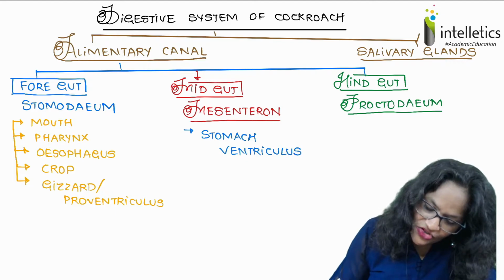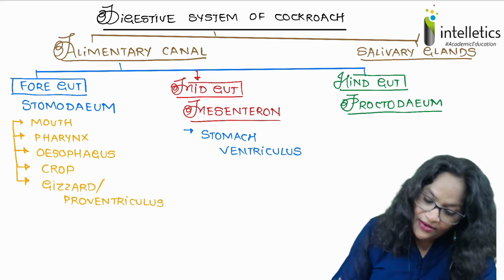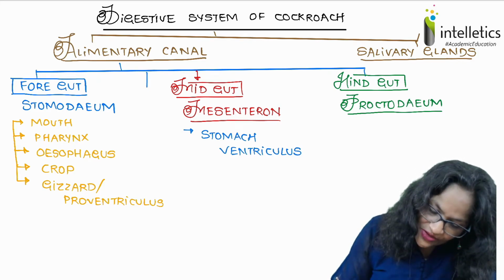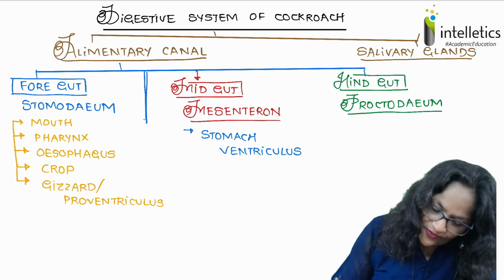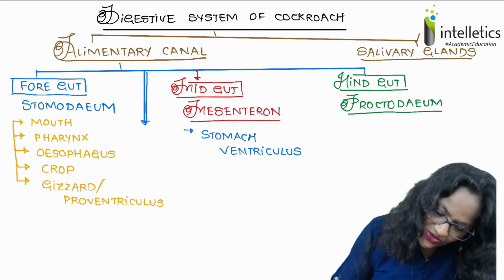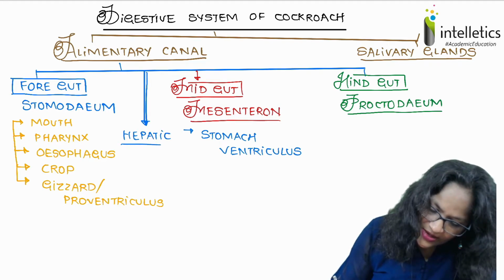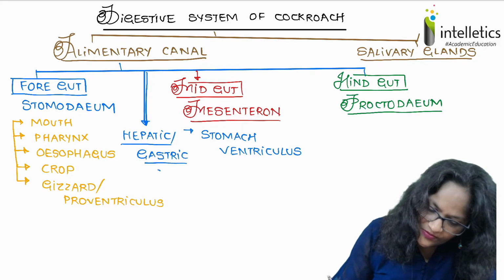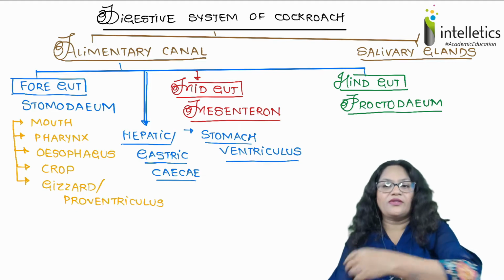And at the junction of this, I mean the foregut and the midgut, we have certain structures that are called as the hepatic or gastric caeca. Okay, so these are the parts of the midgut.